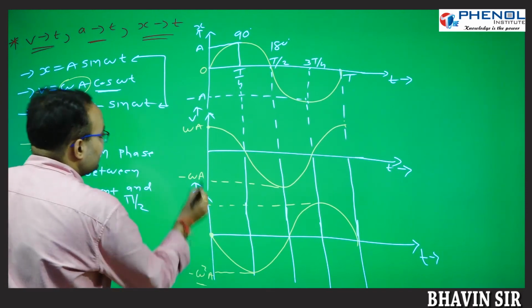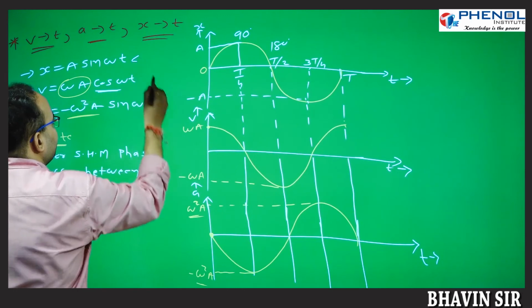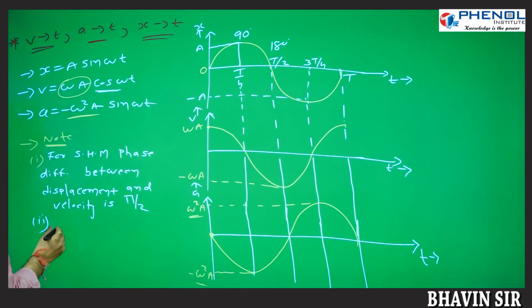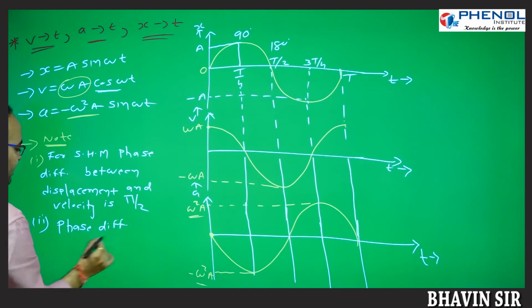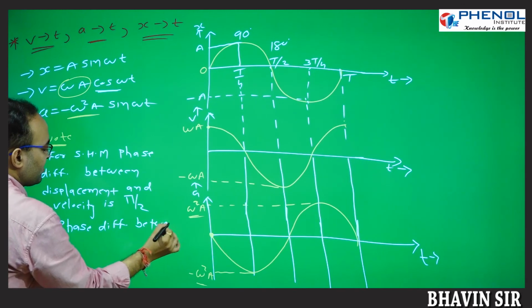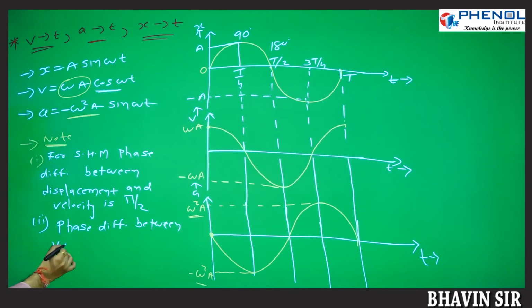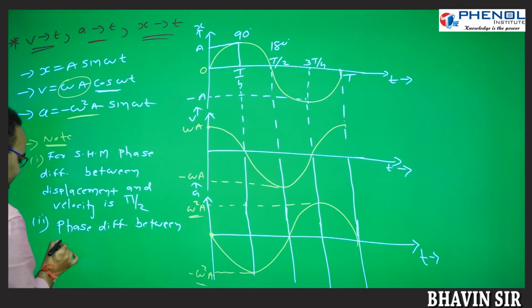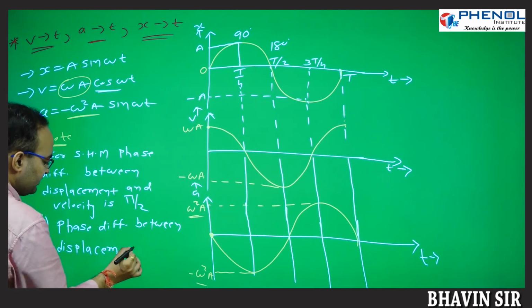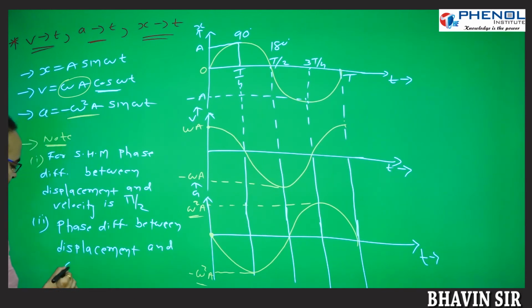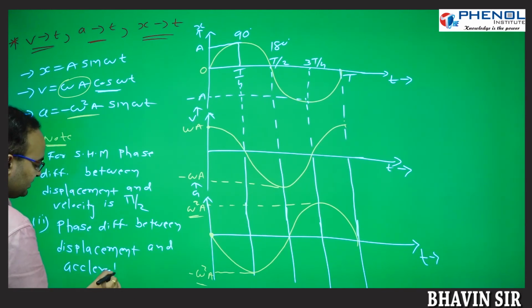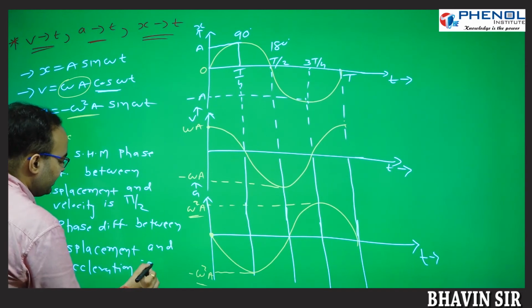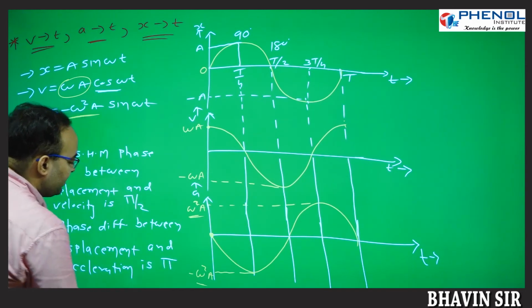So what is the phase difference? 180. Phase difference between displacement and acceleration is 180.